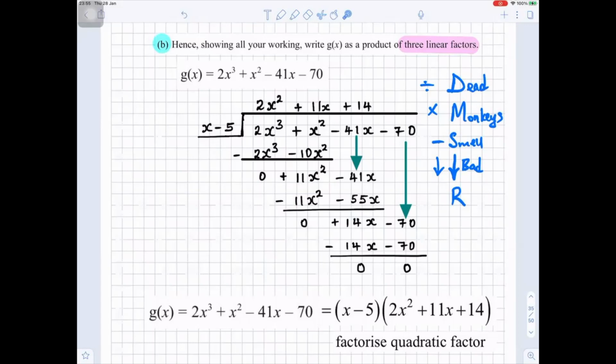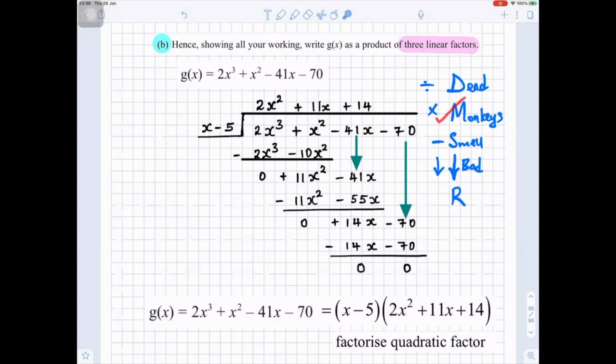Next one, bring down. You bring down the 41x. And then you repeat the process. You go back and start with divide. 11x squared divided by x gives you 11x because one of the x would cancel. So you write 11x.